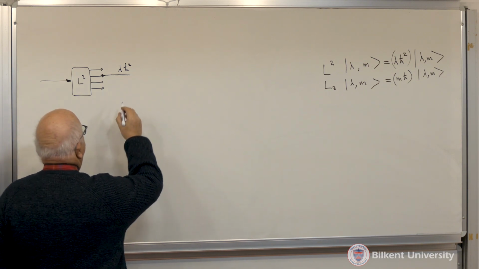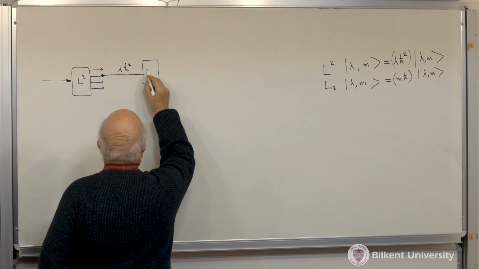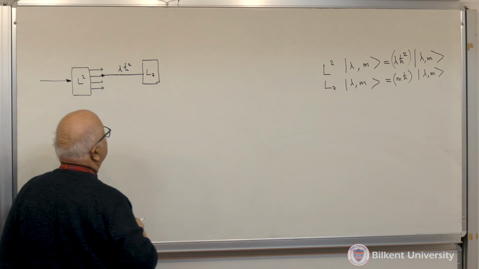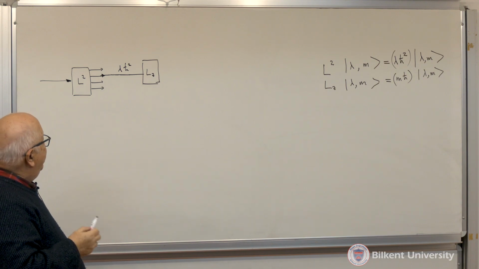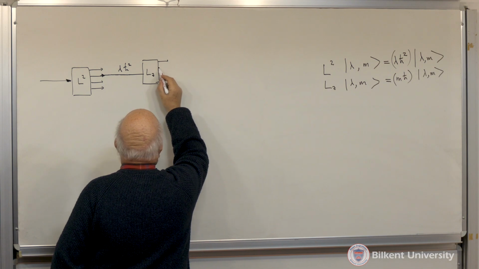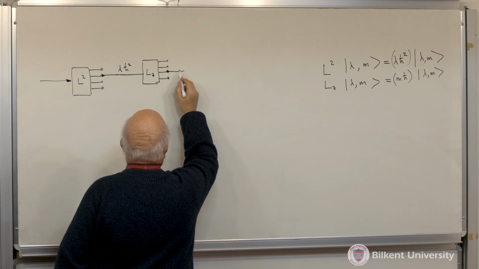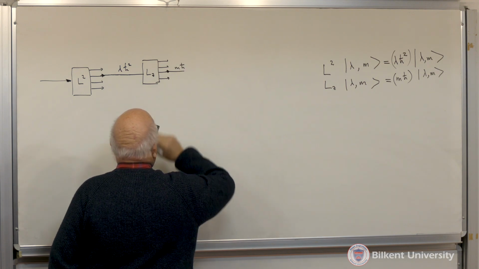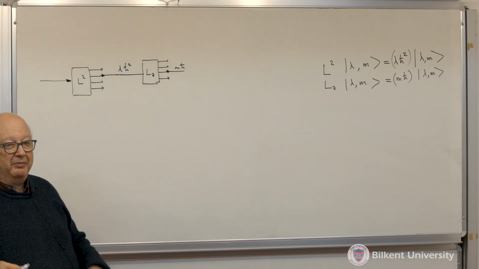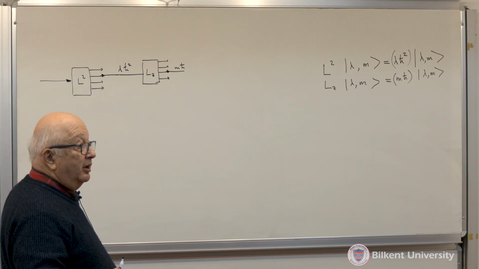Now, if I measure Lz, I'm going to get a result out of this. Again, one of these results is going to be m times h bar. Okay, I don't know what m is, but I'm going to get a certain result.